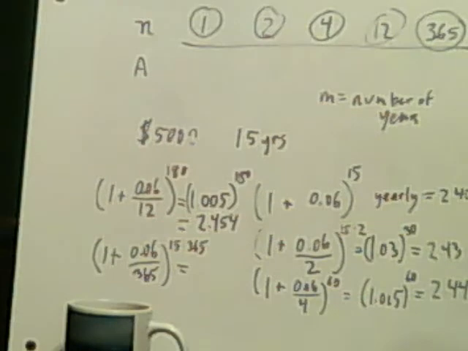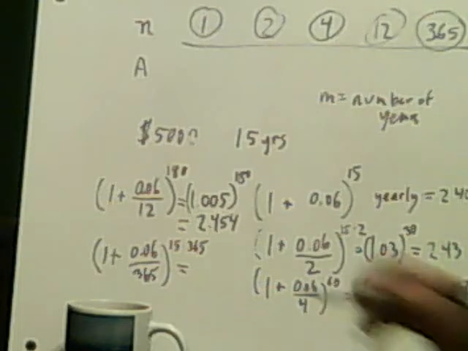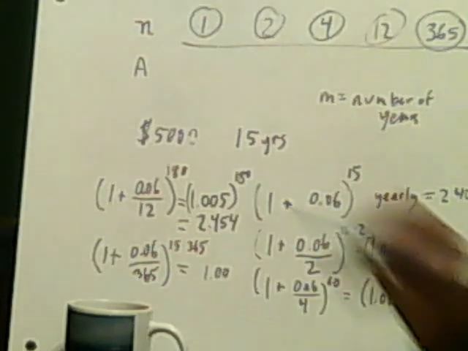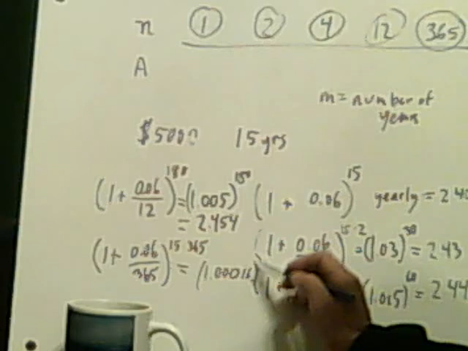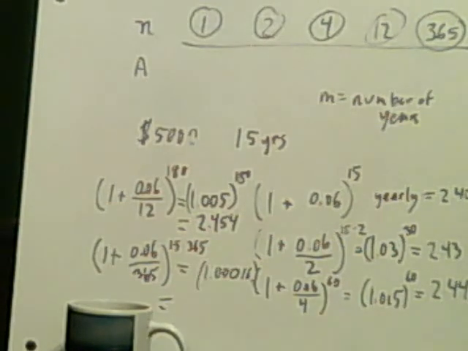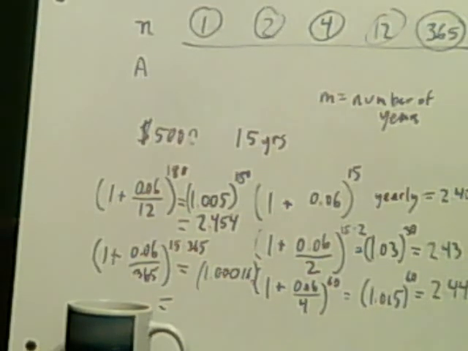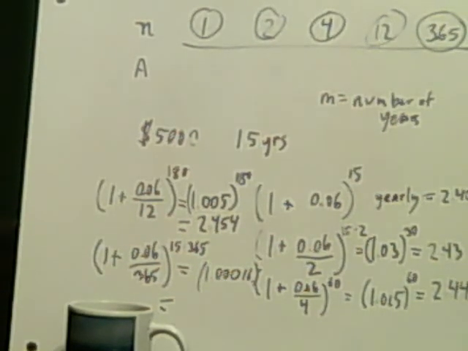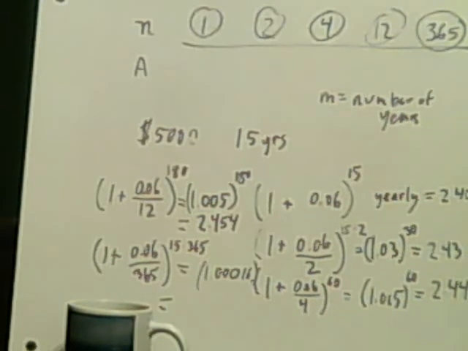So I'm going to have to put that whole expression into my calculator. 0.06 divided by 365 equals 0.00016, and it goes on. Then plus 1, then I do the y to the x, and then I put in 15 times 365, so I'll use parentheses, close parentheses, equal, and here's what I get, 2.459.